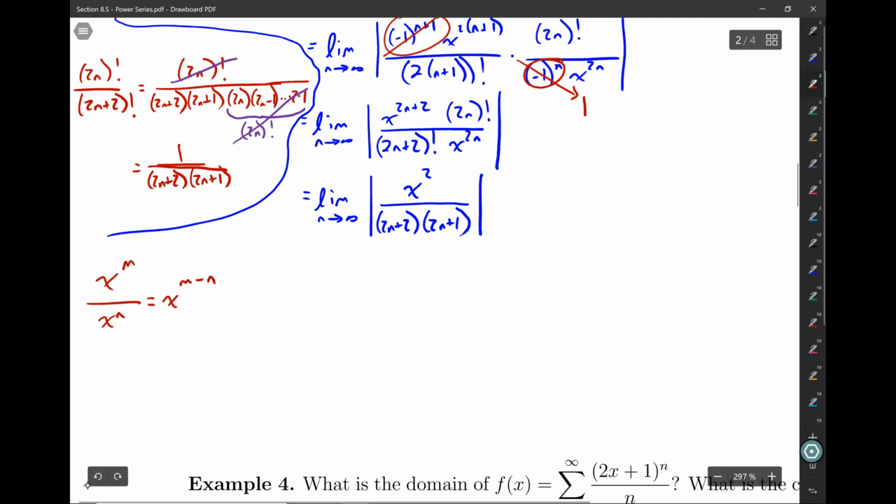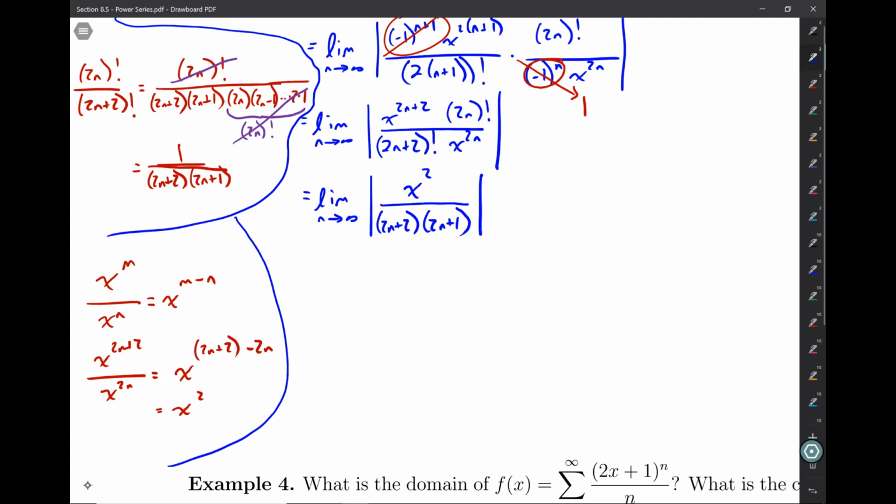So in our particular case, we had an x to the 2n plus 2 over an x to the 2n. That should be an x to the 2n plus 2 minus 2n. Well, that's just x to the 2. So just to zoom in or see that detail played out.